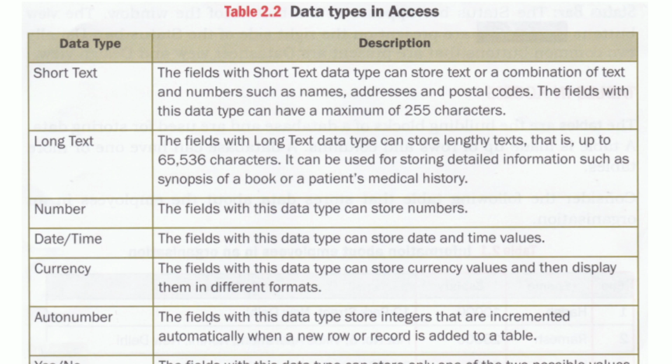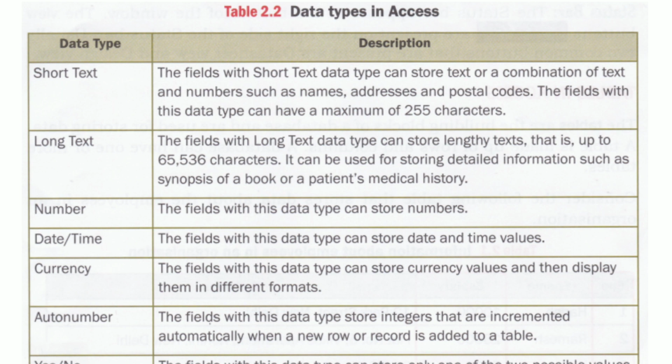The short text data type is the default data type and contains text along with numbers, that is 0 to 9, special characters like hash, dollar, at the rate, percent, and spaces.